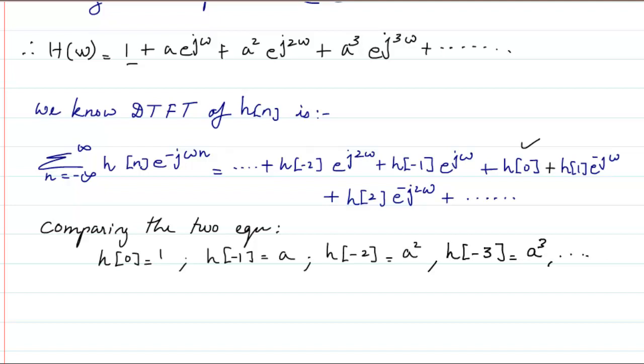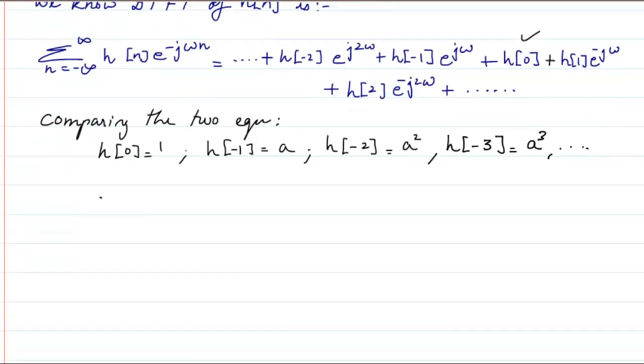Like that it will keep on going, isn't it? If I would write h of n, it is starting from h of 0, which is 1, then a square, then a cube, like that it is going all the way up to infinity, and this is where I will put the arrow, because that is h of 0, isn't it?